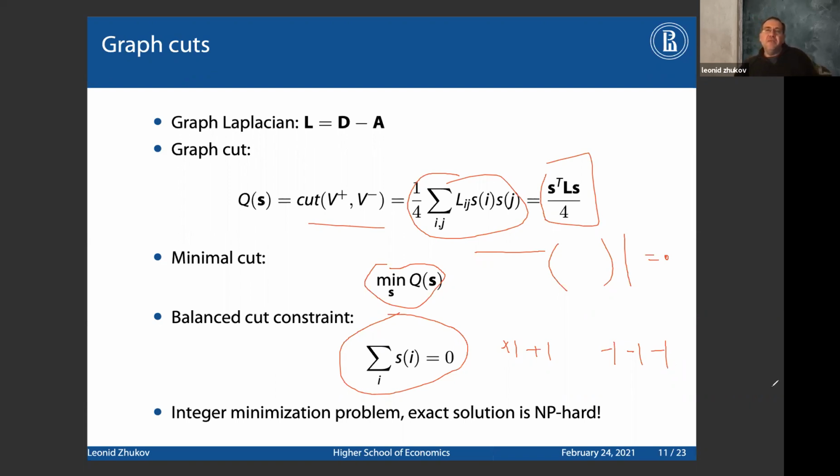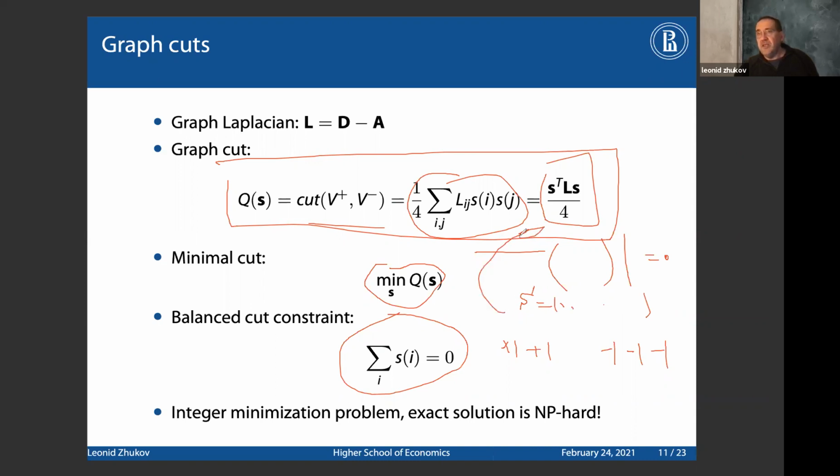All right. So now what we have done is we just expressed this cut problem as an integer minimization problem, right? We have a function we want to optimize, and we want to find this S vector, the vector that consists of 1s and -1s, such that this value is the smallest, and these are the constraints.